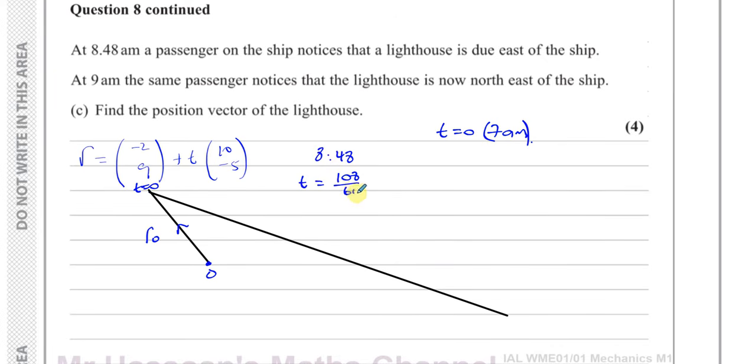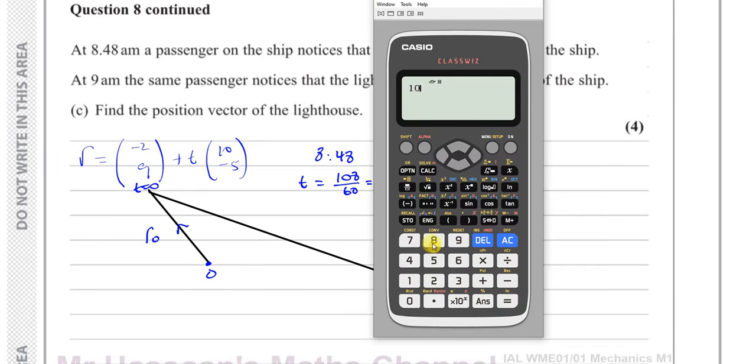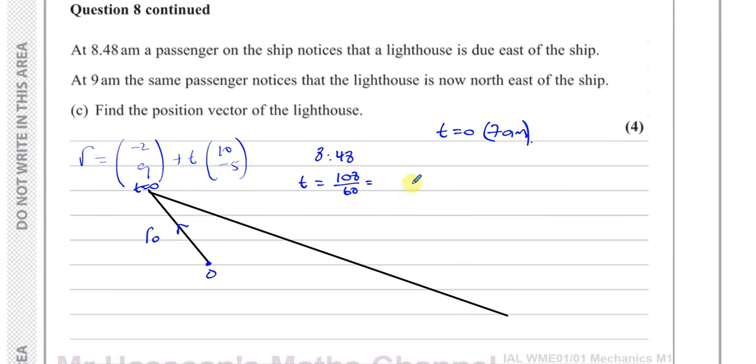Divide that by 60 to give the number of hours. 108 over 60 gives you 9 over 5 hours, so it's like 1.8 hours. So that's when t equals 9 over 5. I'll leave it like that so it can help us with the vectors.